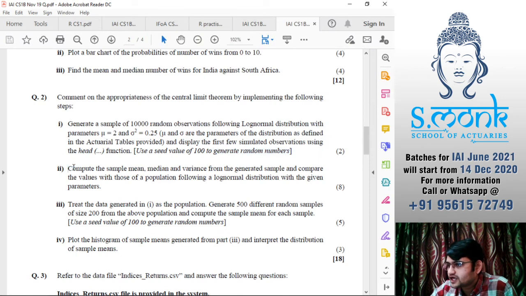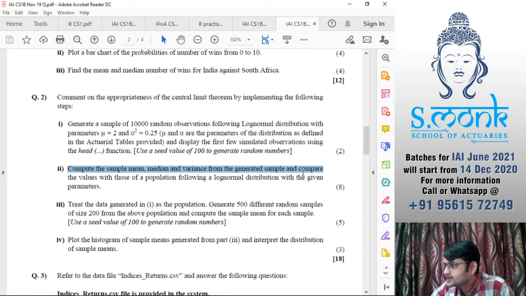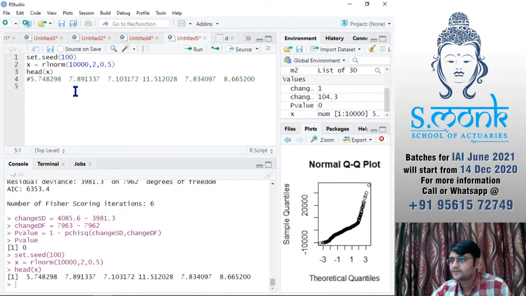Then they say compute the sample mean, median and variance from the generated sample and compare the values with those of the population following a log normal distribution with the given parameters. So we'll have to calculate mean, median and mode, right?